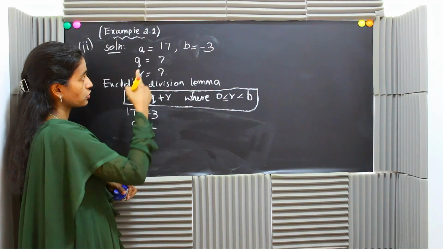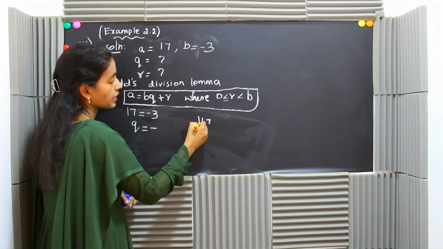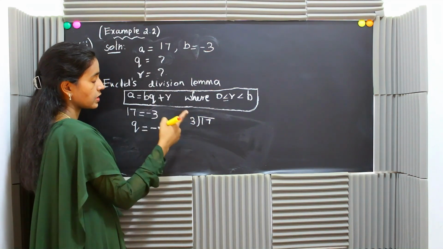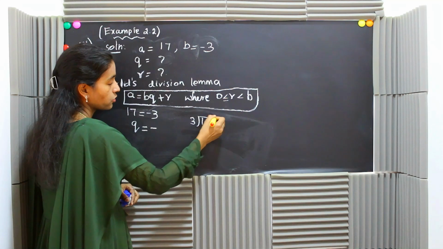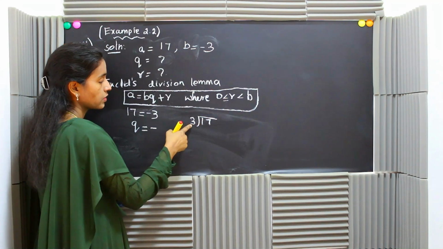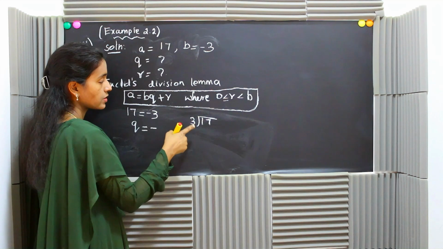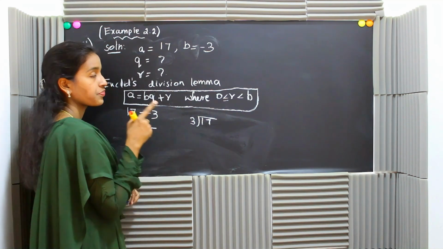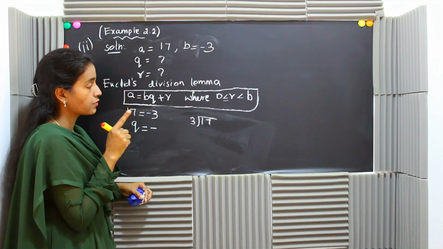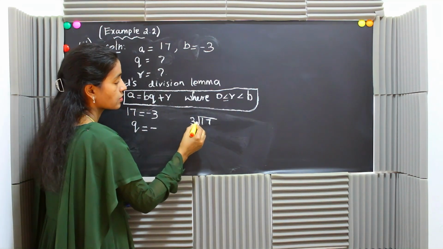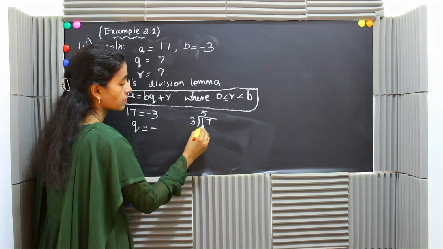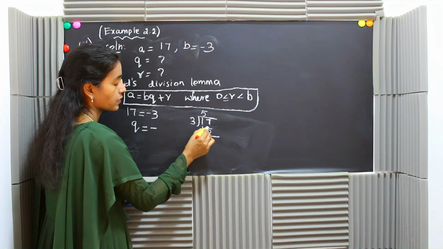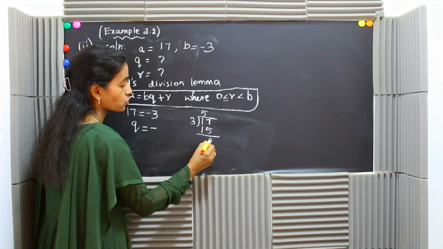Then I am going to divide 17 by 3, because A is 17, B is 3. 1 3 is 3, 2 3s are 6, 3 3s are 9, 4 3s are 12, 5 3s are 15. If you subtract 15 from 17, we will be getting 2.